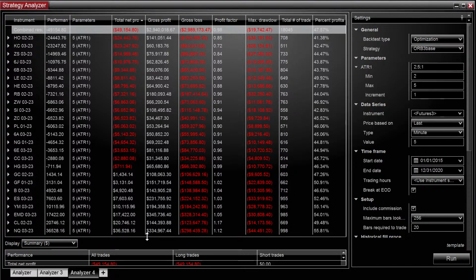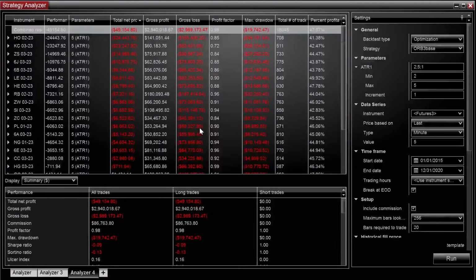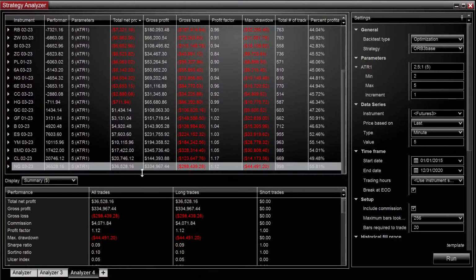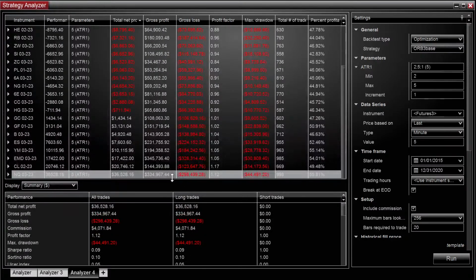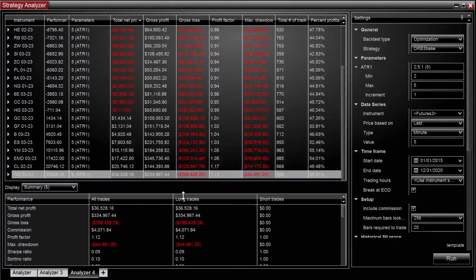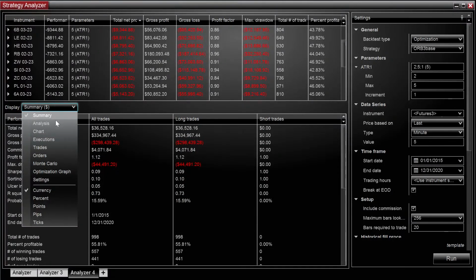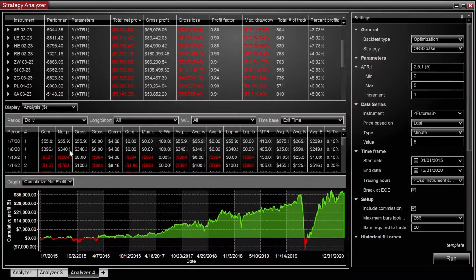And just real quick, I want to see our best performers, because I already know this strategy is going to benefit from time of day filtering, but once again, this is our baseline. That is just amazing.